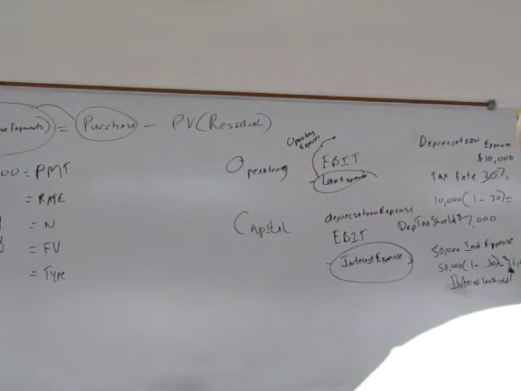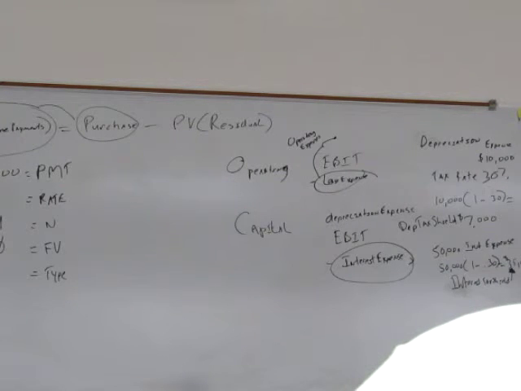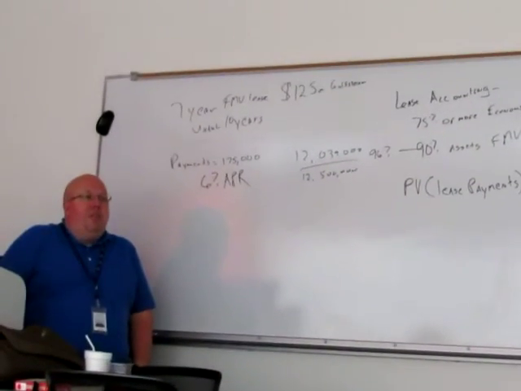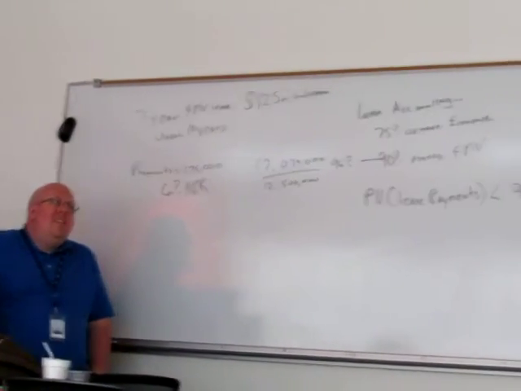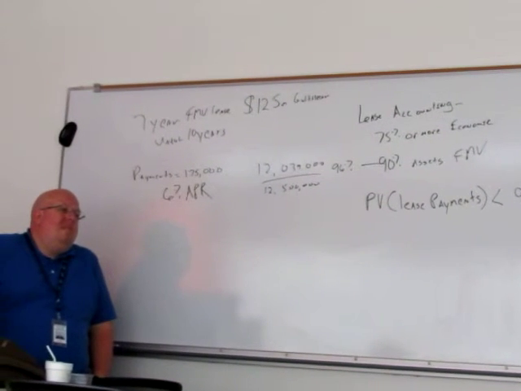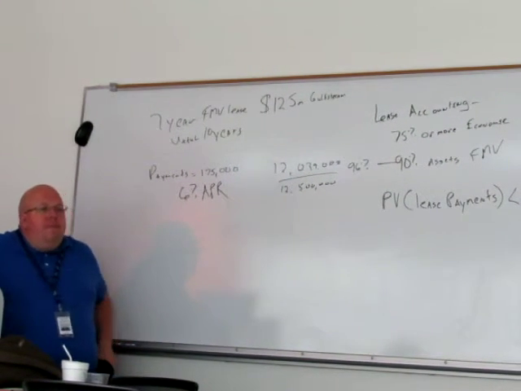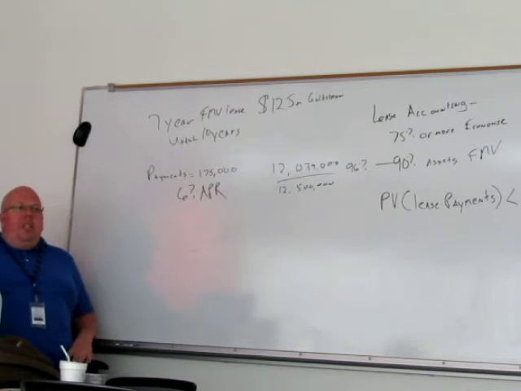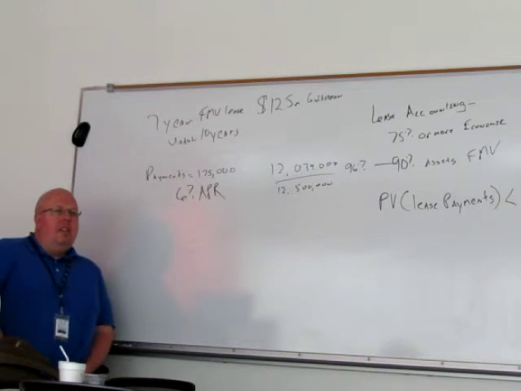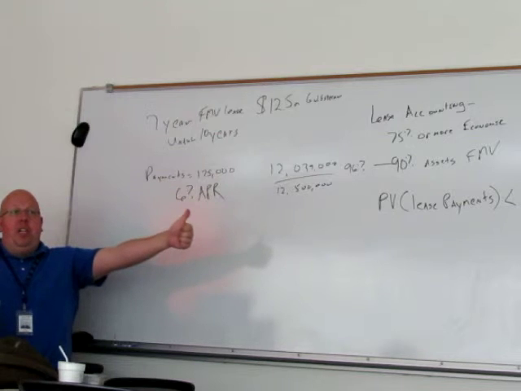I'm not the owner of it, I'm just renting it. But it's on your balance sheet, though. Operating is the one where you don't own it. So if I do an operating lease, guess what I don't get? I don't get to depreciate.